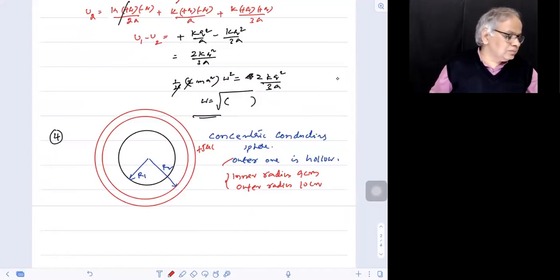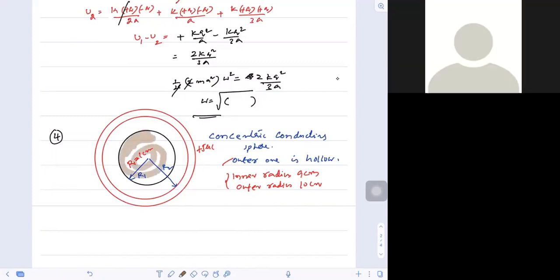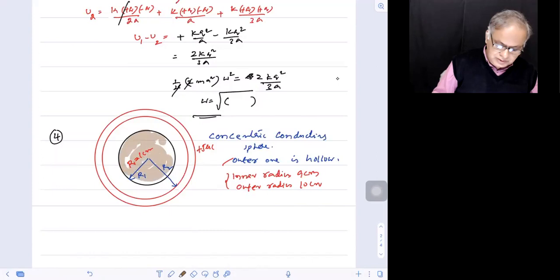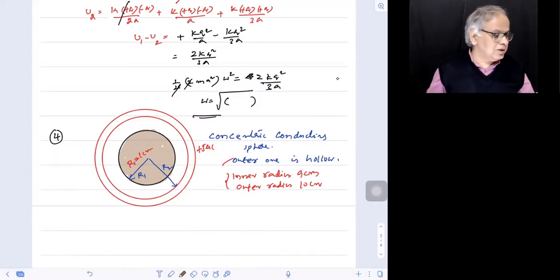And this R1 is 1 centimeter. I mean, actually my scale is not correct. Doesn't matter. Numbers are given. R1 is 1 centimeter, children. This is solid. If they're not looking realistic, you can just draw it that way. R1 is 1 centimeter. The inner is solid.